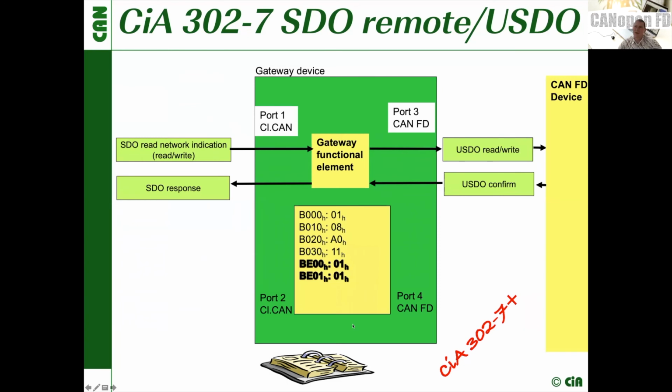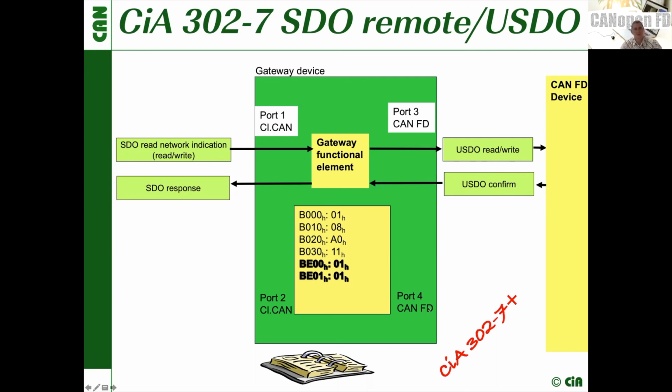With regard to migration paths, we have also the situation that we need to use something that has already been specified in 302-7, the so-called remote SDO. The remote SDO allows us to inform our CANopen device, hey, this request is not really for you, but it is for the other side of your gateway, and please place there the request and make there the access.